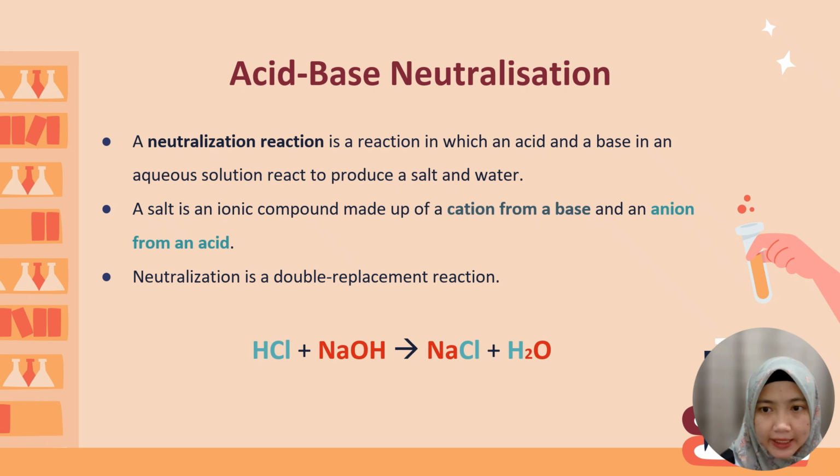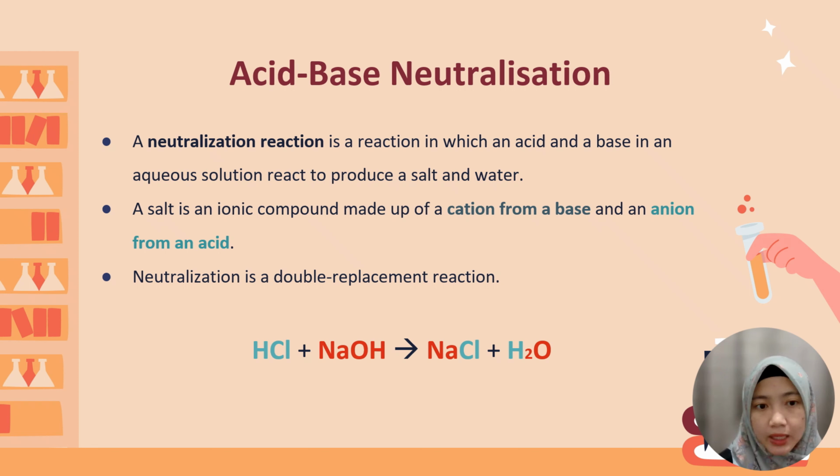So this is the acid, and the anion is the chloride ion. When chloride combines with Na, it will produce the salt sodium chloride, while the water is the product from the hydroxide from the base solution and the hydrogen ion from the acid solution.